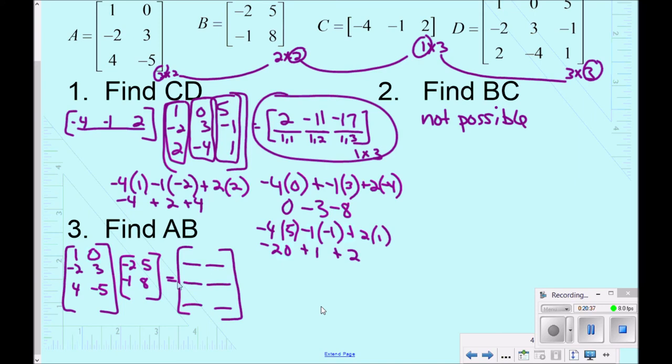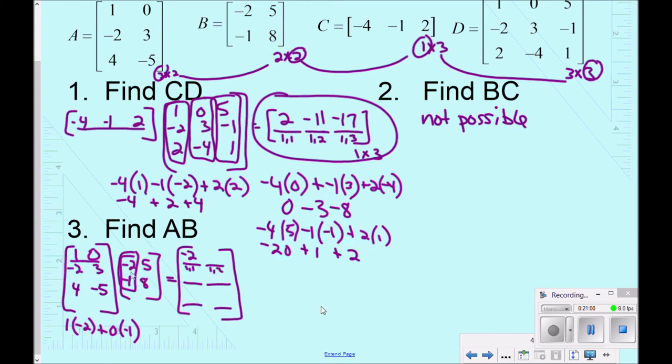So to help me, I'm going to label this as the first row, first column. So I'm going to use the first row and the first column. So I'm going to do 1 times negative 2, and I'm going to add on 0 times negative 1. So that gives me negative 2. Next, this is the first row, second column.